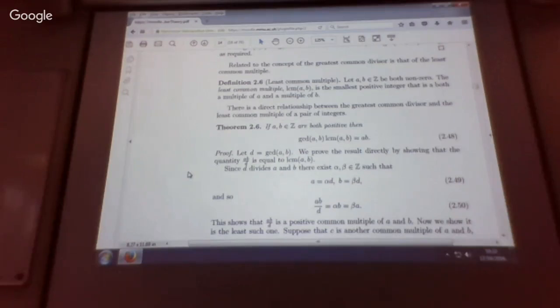Yeah. Smallest number that's a multiple of 2 and 3. I guess we're saying smallest positive number. Smallest positive integer, yeah. Least common multiple of 6 and 15. Right. You get the idea.